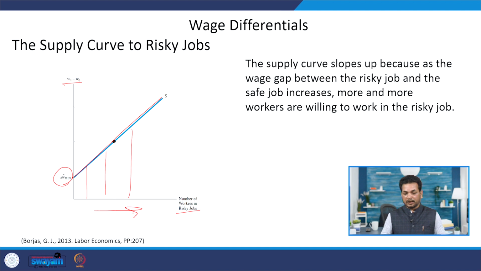Therefore, the supply curve slopes up, because as the wage gap between the risk job and the safe job increases, more and more workers are willing to work in the risk job. So, the supply curve to the risk job is upward sloping.